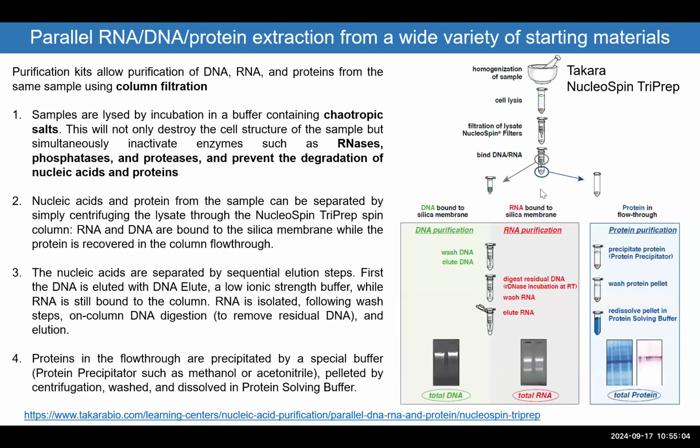Now, I also told you that in the beginning of the lecture, I focused on extracting either the DNA or the RNA, and I don't care about the rest. But nowadays, companies are able to provide us with columns containing these chaotropic salts that will retain RNA, DNA, and protein.